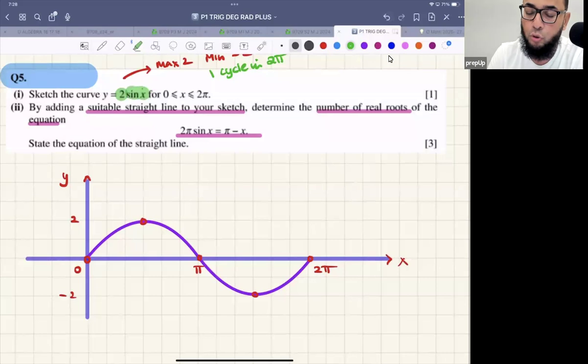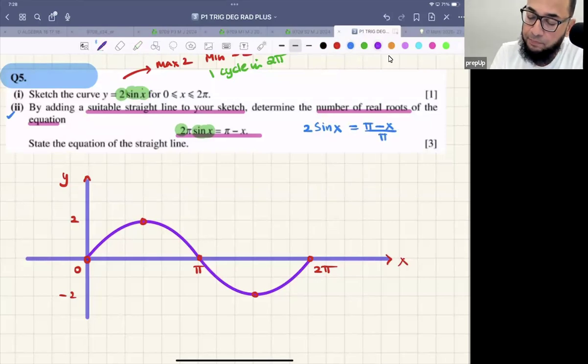So this is 2 sin x, and in other words, 2 sin x is equal to pi minus x divided by pi. I have taken this pi from here. Let me highlight this. I have taken this bluish pi from here.